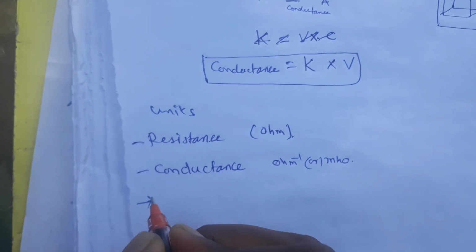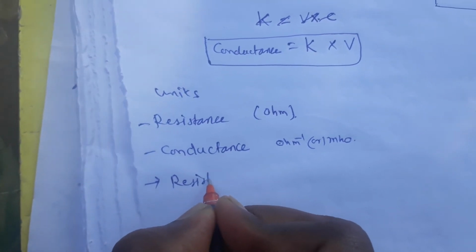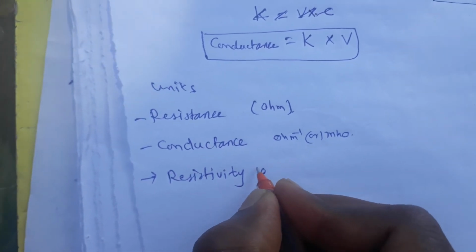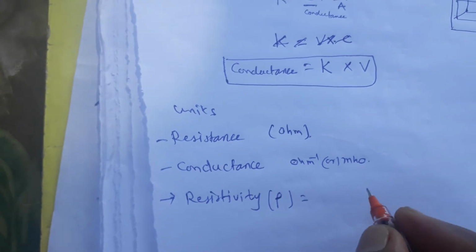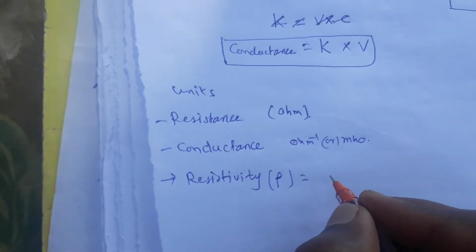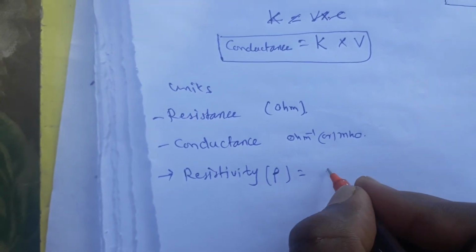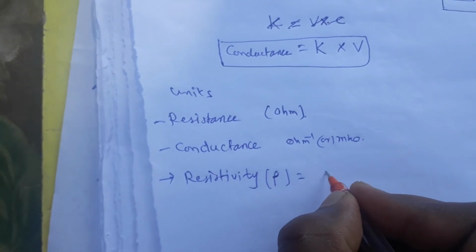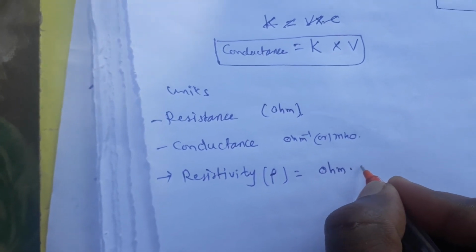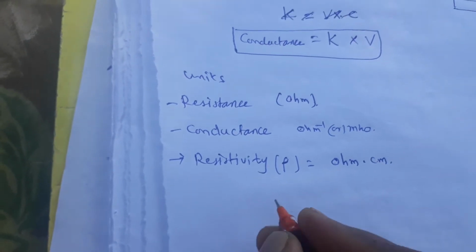What is the unit for resistivity? Rho is ohm centimeter. Why is it ohm into centimeter?